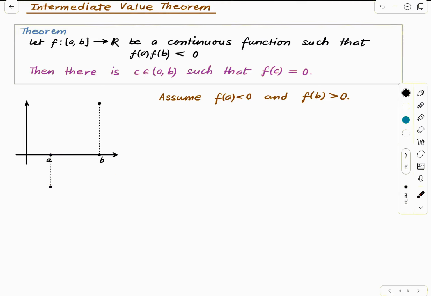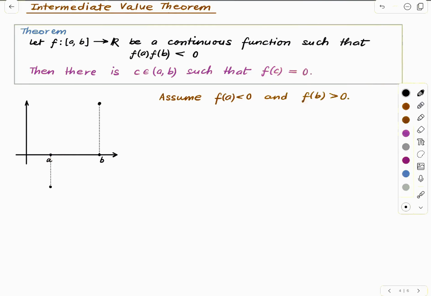And then what we will do is we will collect all those points x in this interval such that the function is negative through and through, entirely through that part. Okay, so here is the main definition.